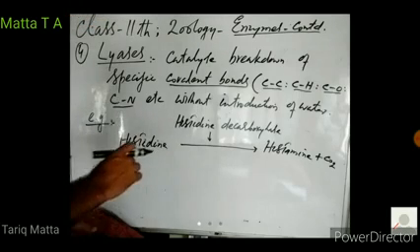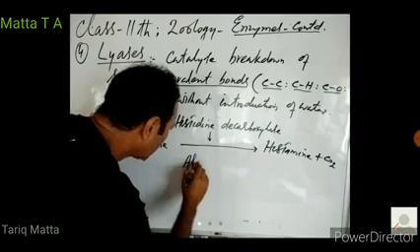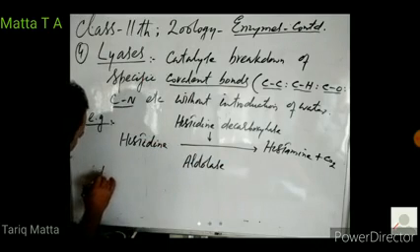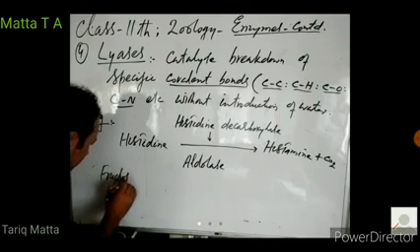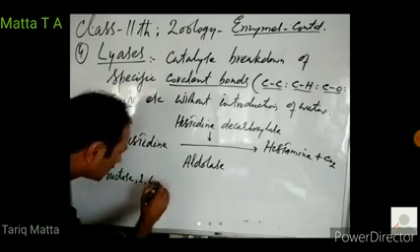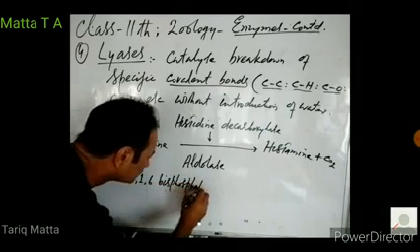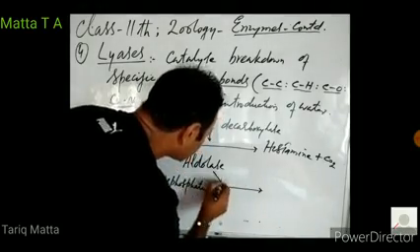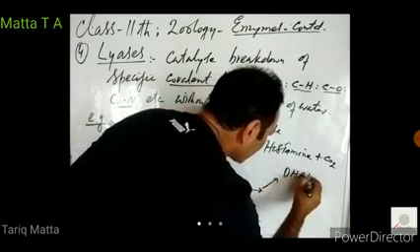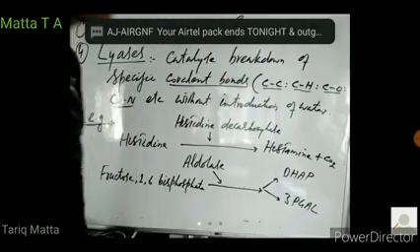Similarly, we have another enzyme that is known as aldolase. This aldolase converts fructose 1,6 bisphosphate into dihydroxyacetone phosphate, DHAP, and 3-phosphoglyceraldehyde.